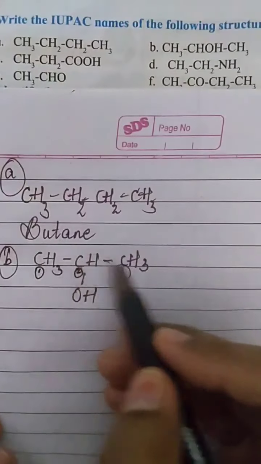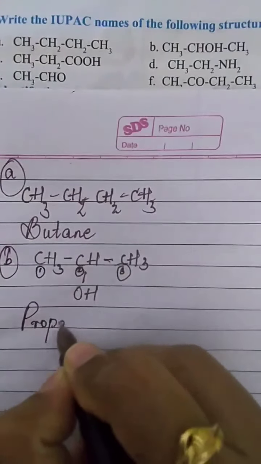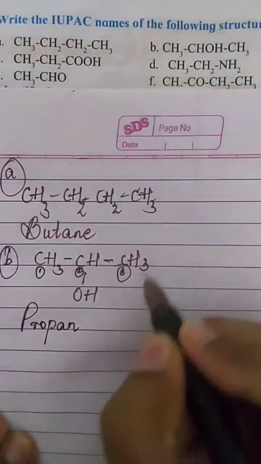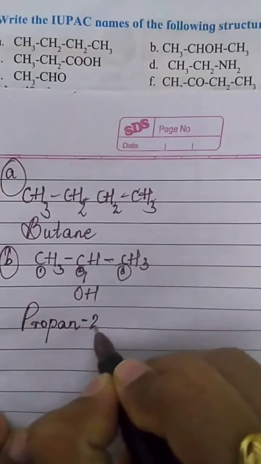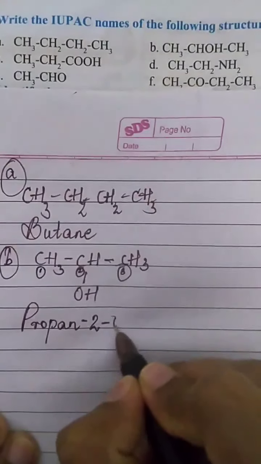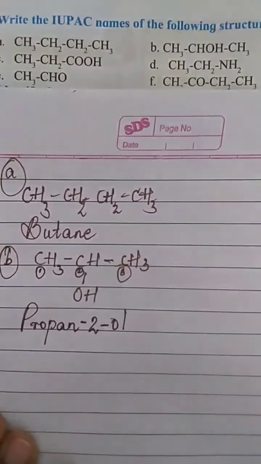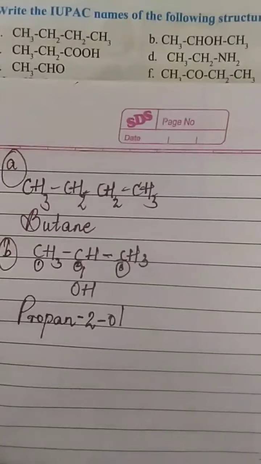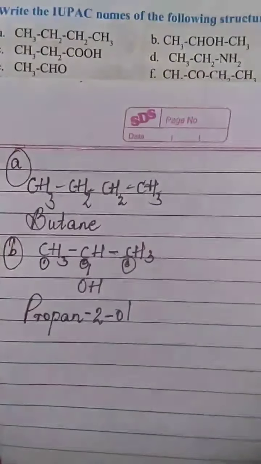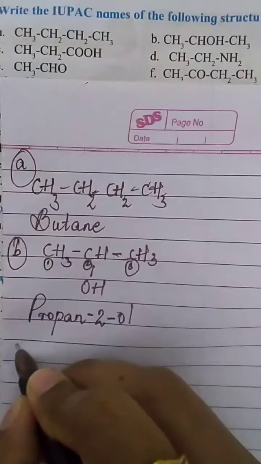So methane, ethane, propane, parent is propane. Now give the number to which carbon you have the functional group. To the second, and that is ol. Very important question. Alcohol questions are important. Acid questions are important. These all are important. As you can see, these all are easy examples.